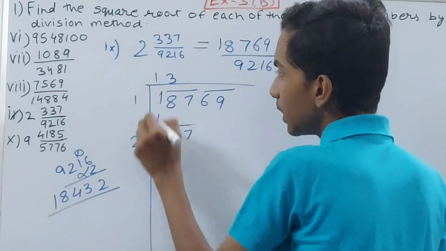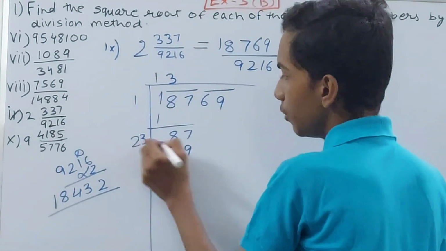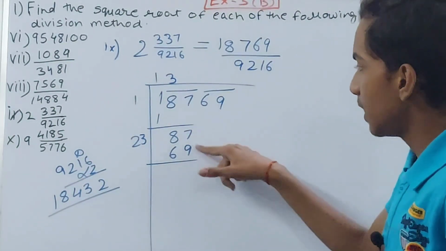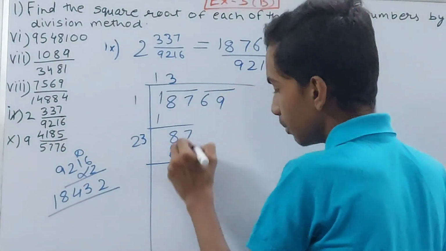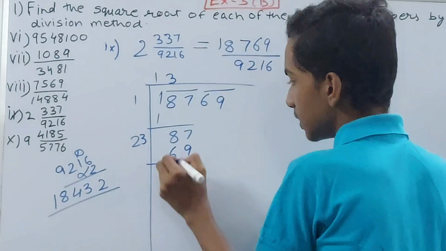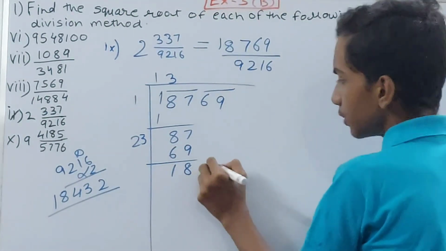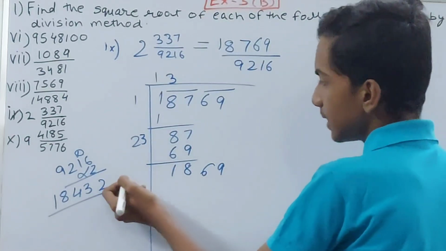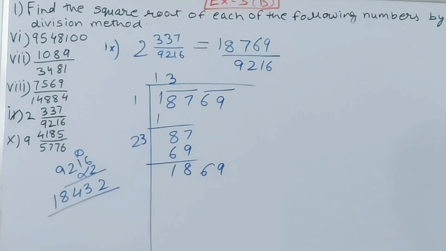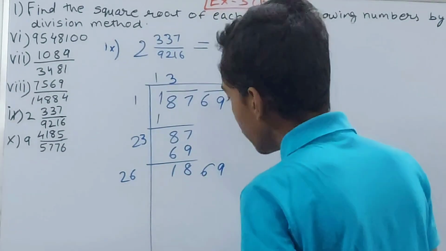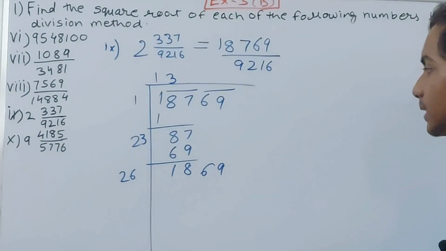So see, 3 into 3 9, 3 into 2 6. Now how much are we left with? 17 minus 9 becomes 8, 7 minus 1 6, 7 minus 6 becomes 1, 18, and now 69 we bring it down, so 1869, that is the number, and 36 here and 1869 over here.